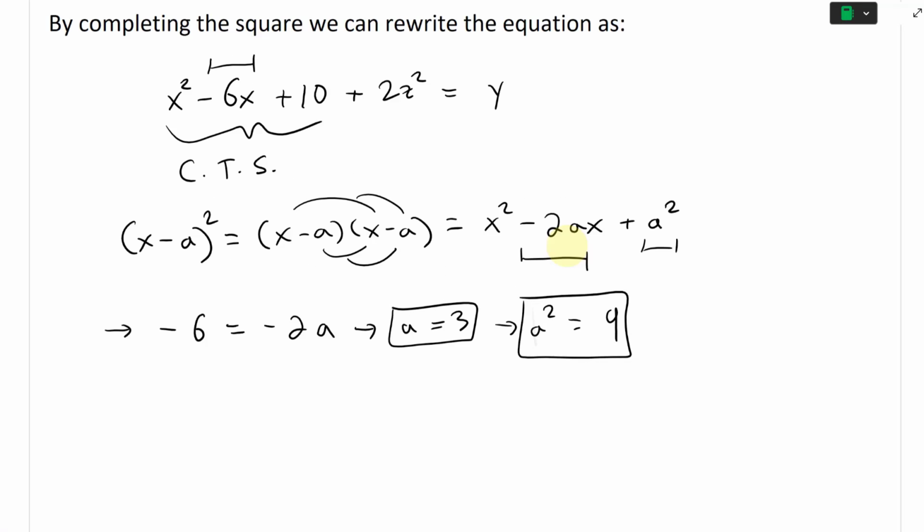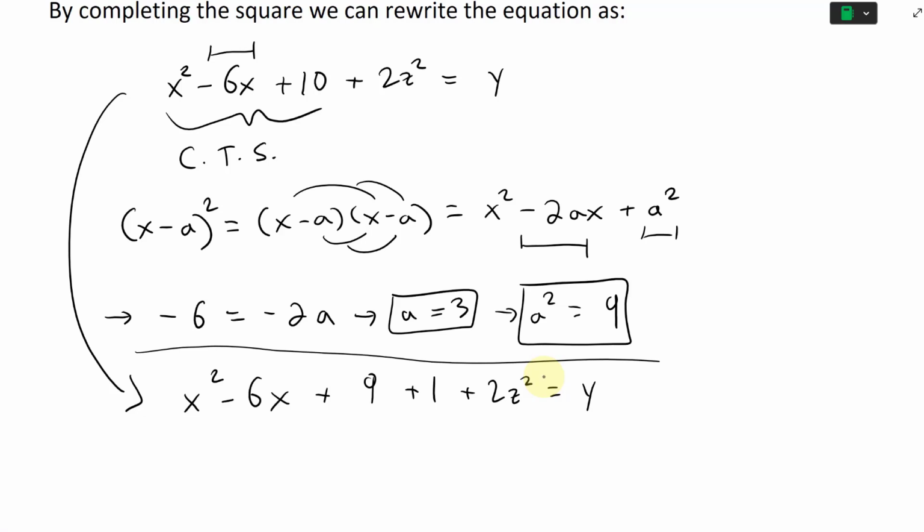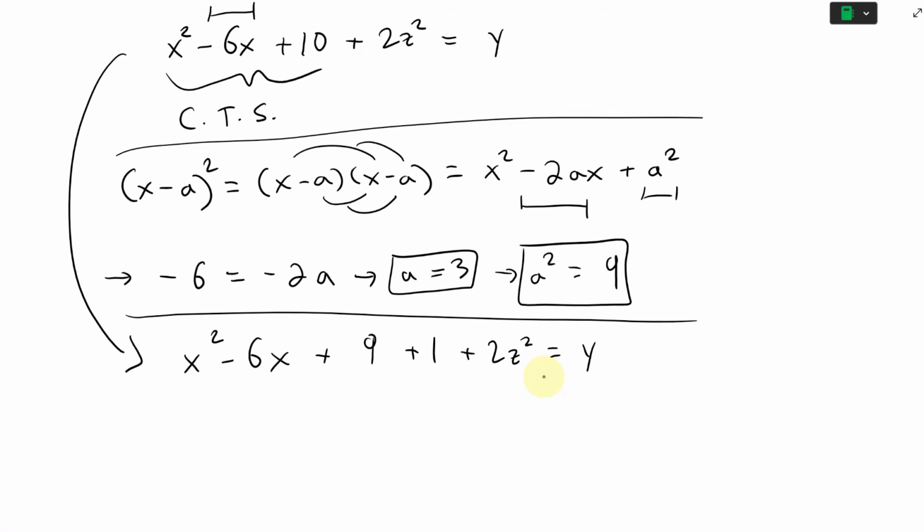So that means we could rewrite this as x squared minus 6x plus 9 to get the a squared, and then put a 1 like that here. So we split the 10 into 9 plus 1. Then we could also move it to the other side. Plus 2z squared equals y. And now let's block this out, completing the square, for both sides.